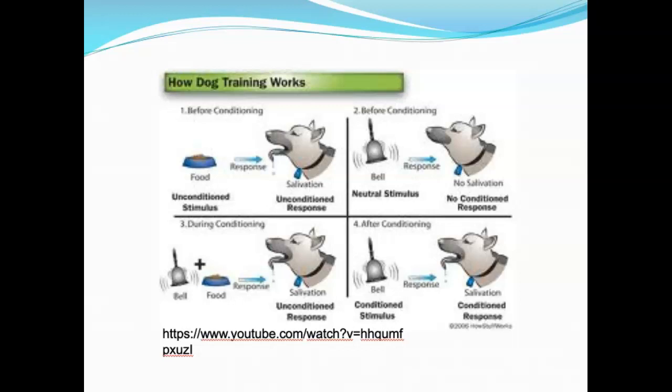And what he realized is that almost any stimulus, anything that may or may not have had meaning to the dog, if it was presented just before the food, eventually that pairing, that association would happen, where the dog would associate that stimulus with the food, and then that stimulus would elicit drooling even if you didn't present them with the food.